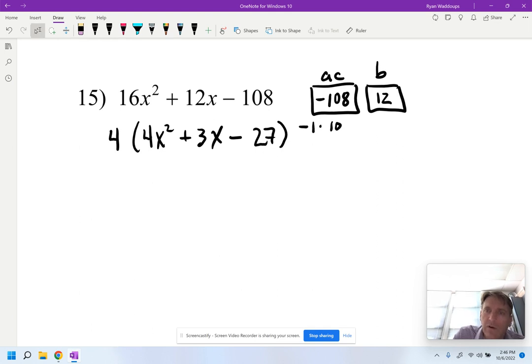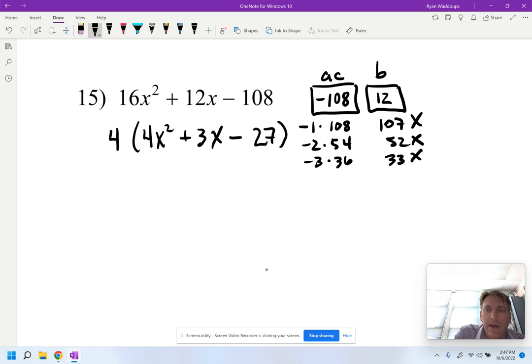Negative 1 times 108, 107 when you add them, no. Negative 2 times 54, 52, no. Negative 3 times a positive 36, and that gives us 33 when we add them.